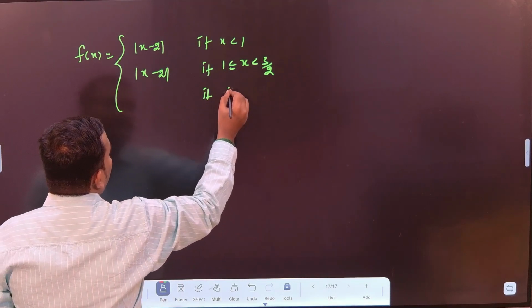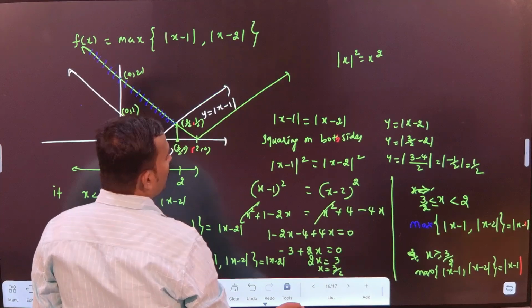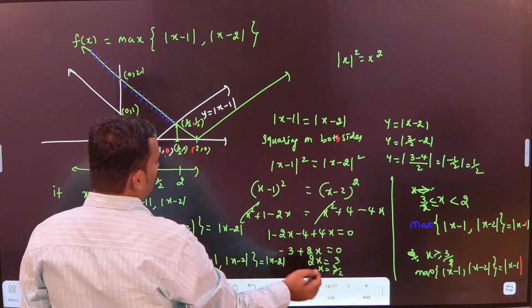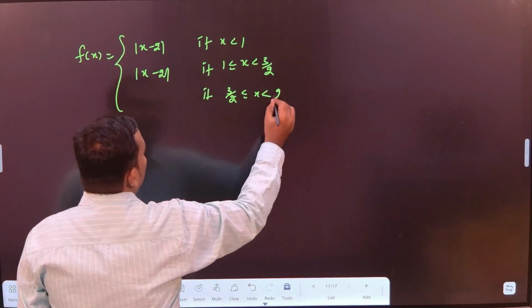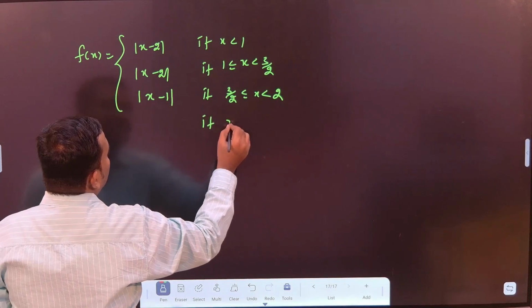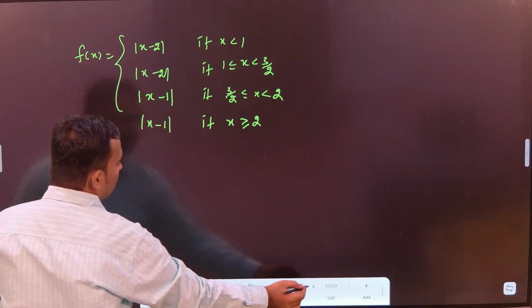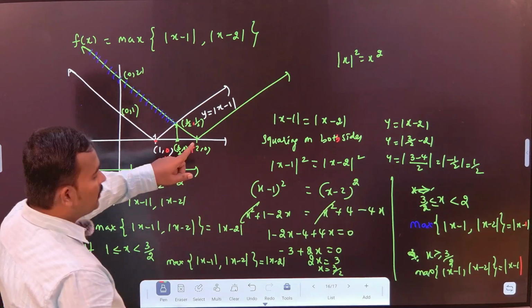If I take x from 3 by 2 to 2, the maximum will be what? Mod x minus 1. If x is greater than or equal to 2, also mod x minus 1 only. You can see the graph and understand, right?